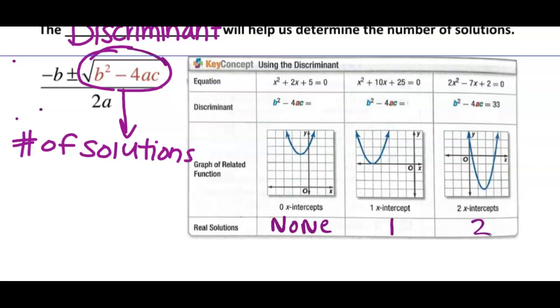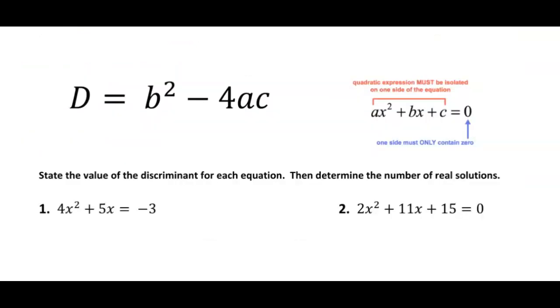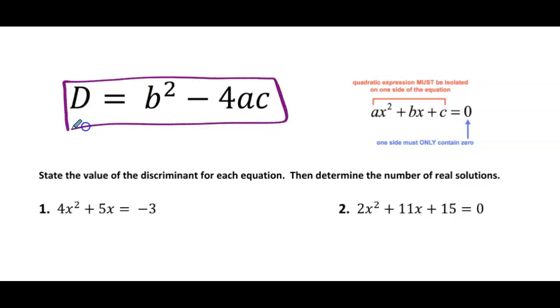And so that is what the discriminant is. If we were going to look at some problems and just calculate the discriminant to find out how many solutions I'm going to get, not find the solutions, I could very easily do that by just doing this part and not doing the actual radical part.